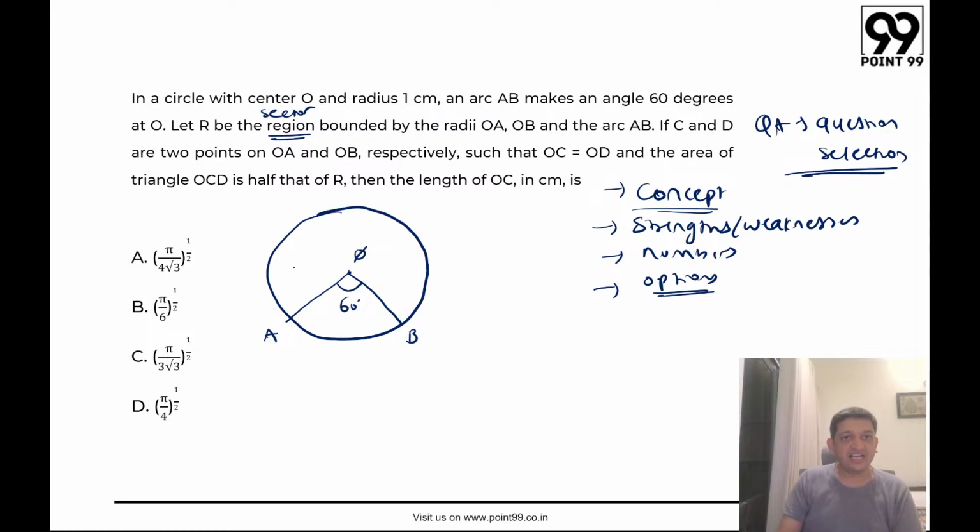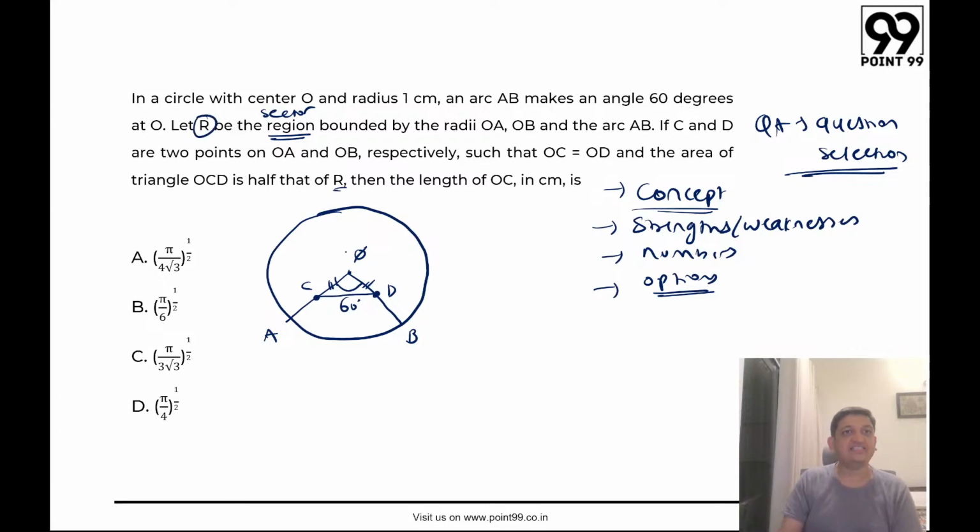If C and D are two points on OA and OB such that OC is equal to OD. I'll just mark two dashes. So OC is equal to OD, this is given to me. And the area of the triangle OCD is half that of R. What was R?